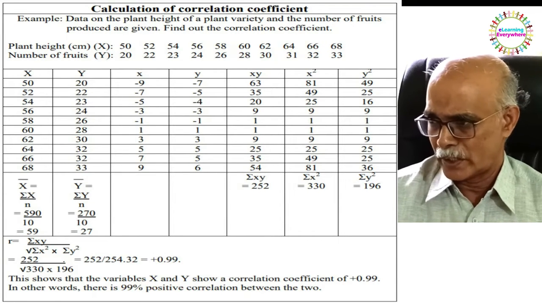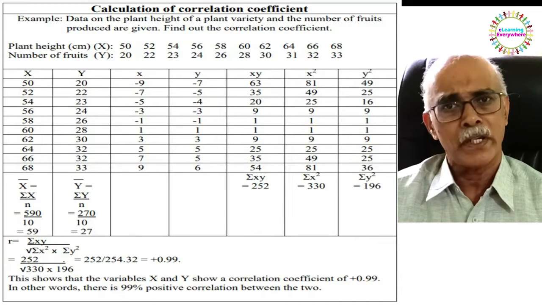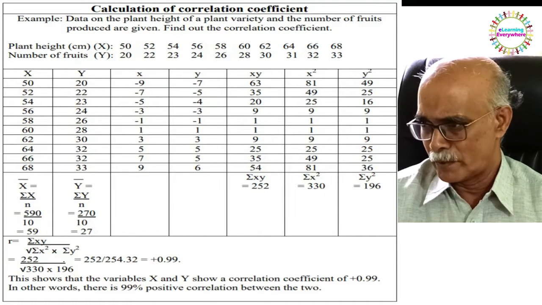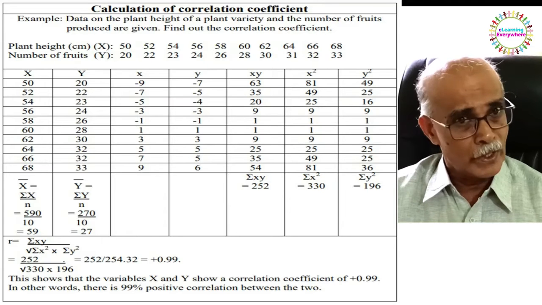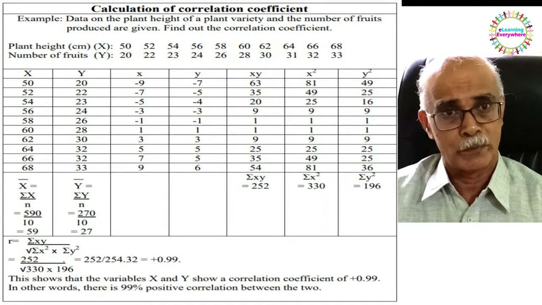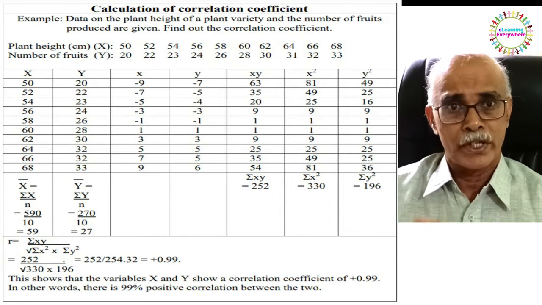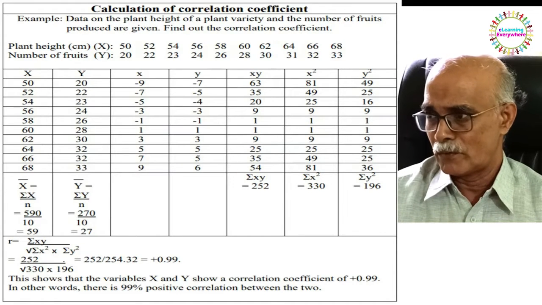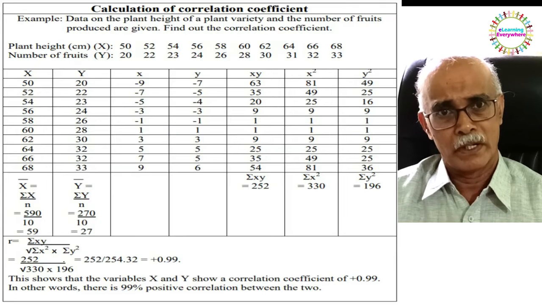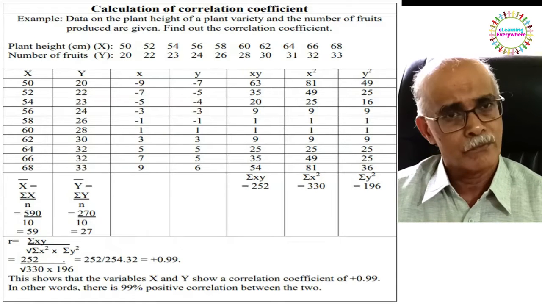In the given example, x bar is equal to 50 and y bar is equal to 27. You are given two sets of data and you have to see the nature of correlation between the rate of change in variable x and the rate of change in variable y.